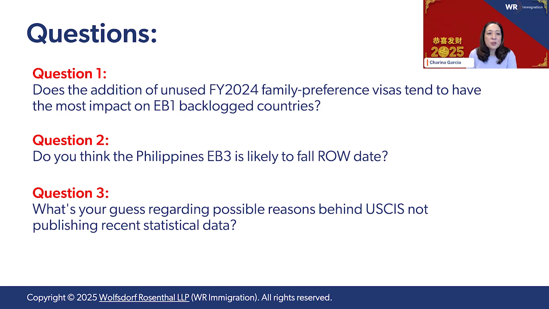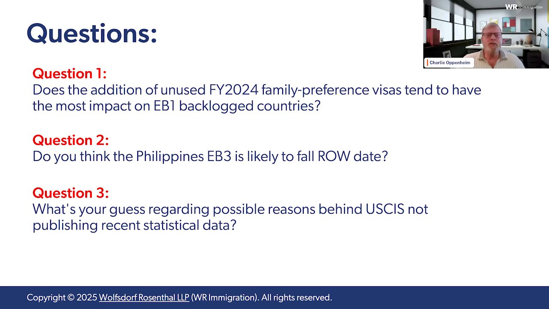Okay, and do you think the Philippines EB3 is likely to fall behind the rest of world date? I think because of the slow forward movement of the rest of world, both employment second and third preference dates, there is an excellent chance that the Philippines third will remain at the rest of world date for the coming months.